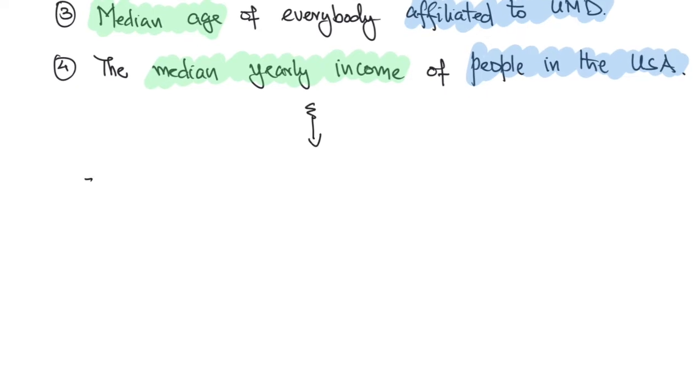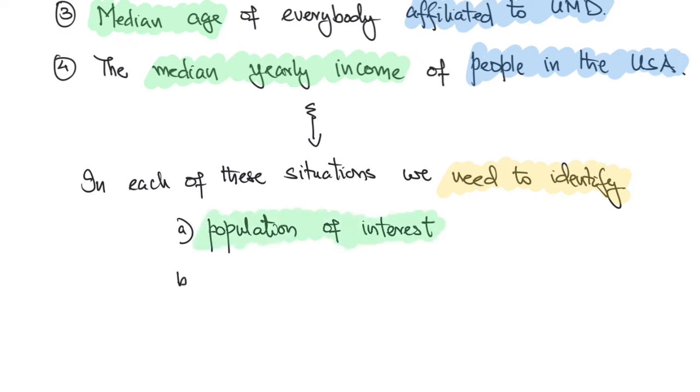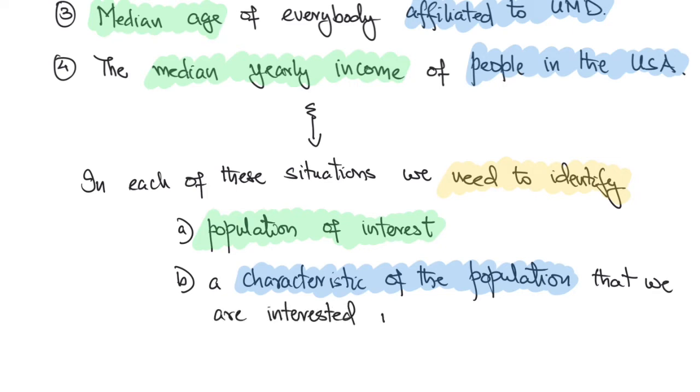In each of these situations, we need to identify two characteristics. The first being the population that we are interested in, and secondly, the characteristic of the population that we are interested in. Before we proceed to describe these ideas, let us set up our problem.